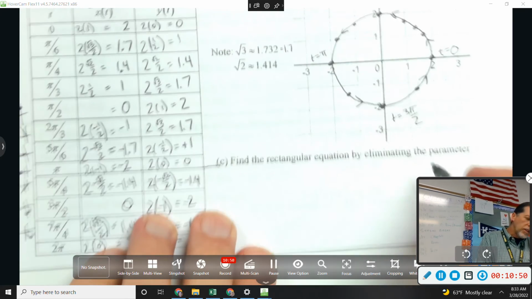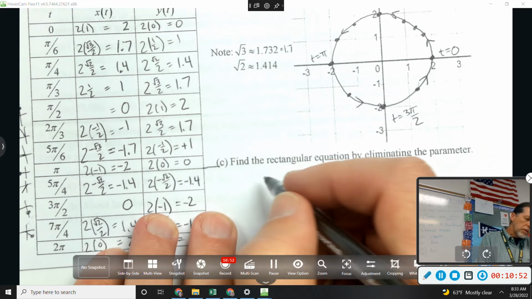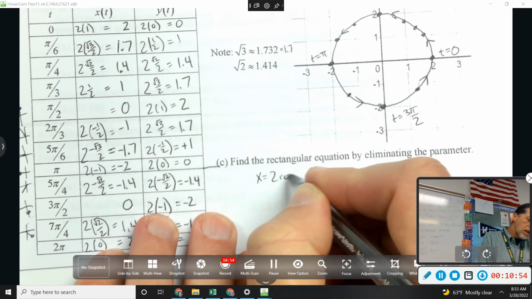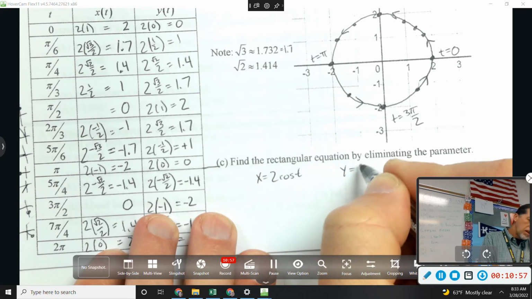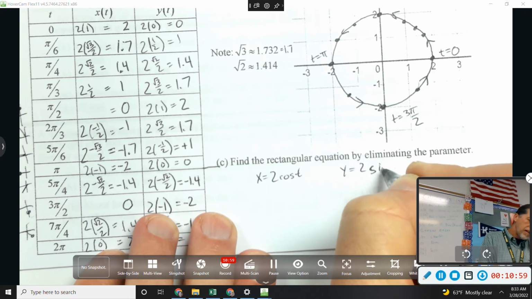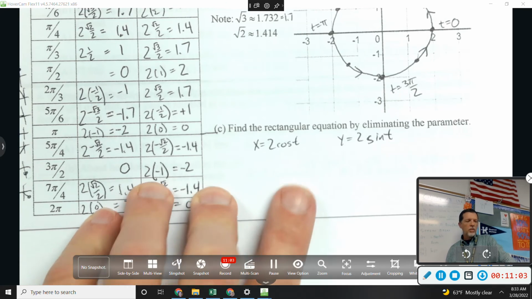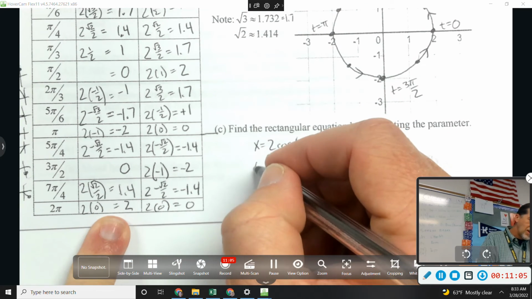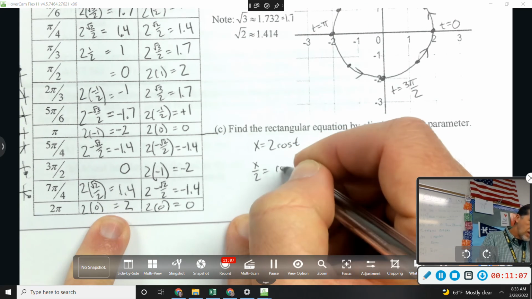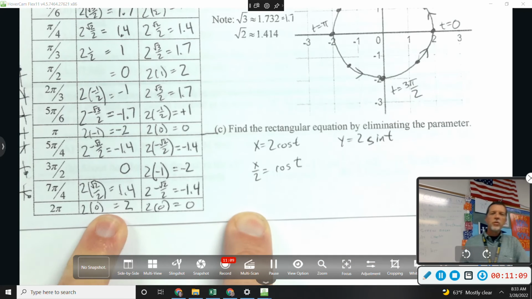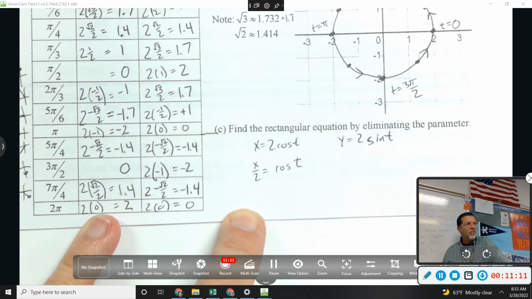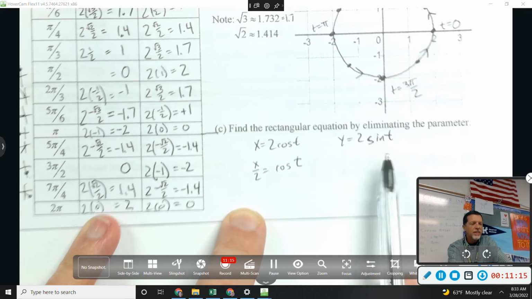Find the rectangular equation by eliminating the parameter. Well, this is the different one. Normally we would try to solve for t, which would involve an inverse cosine of x over 2, which would be really ugly when we got to the other side.